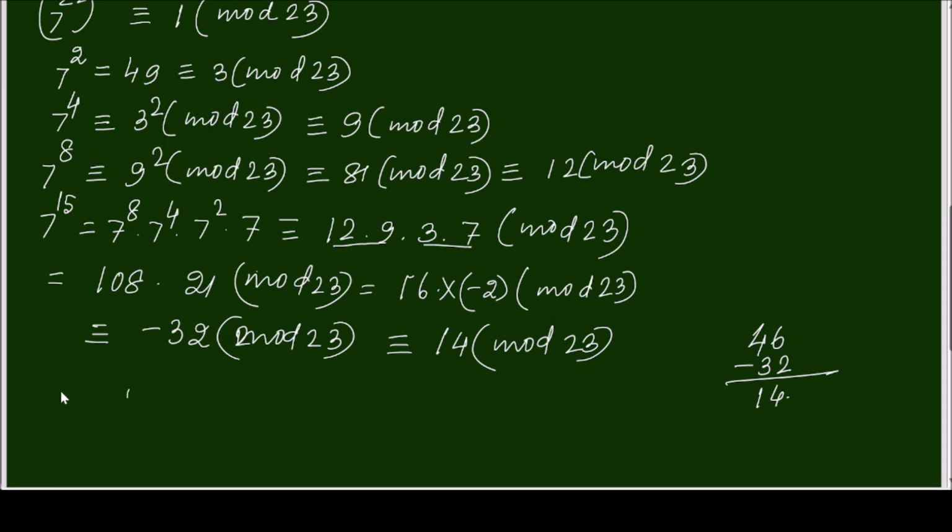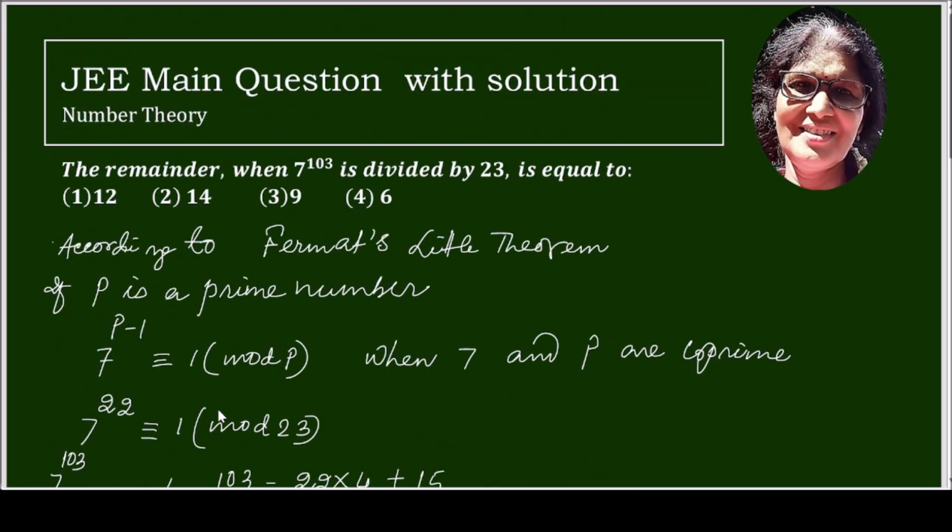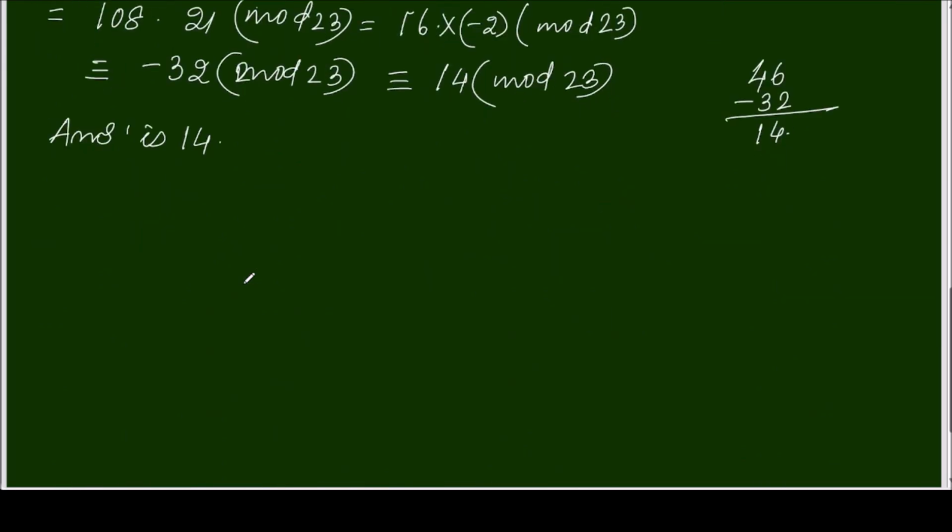So the answer is 14. I don't claim this is the only method, we can convert this into another method also. So which was the answer? Option 2 is the answer.